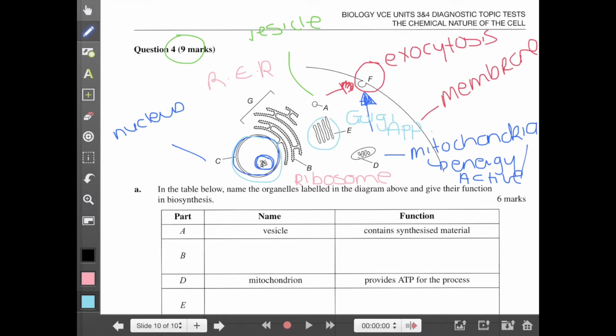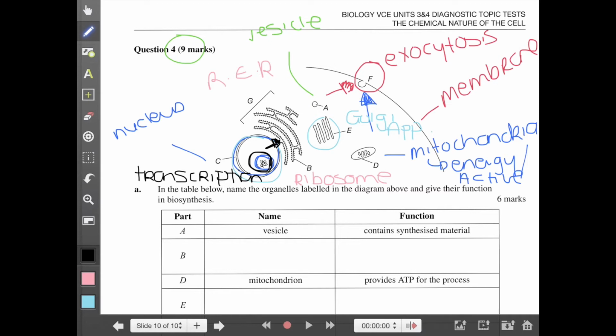Okay. So what else I'm going to annotate on here is maybe the order in which protein synthesis occurs. So I know that the DNA within the nucleus needs to get out, and so that needs to turn into an mRNA. So that's going to be transcription, because remember, you've got to write the play before you can translate it. Then that mRNA is going to go out into the rough endoplasmic reticulum.